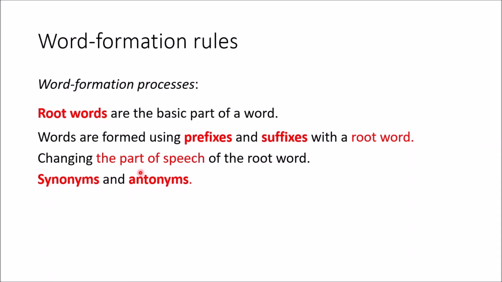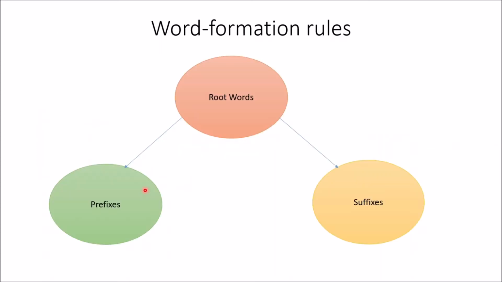The second process is changing the part of speech in order to get a new form of a word, and synonyms and antonyms. To begin with, we have formation of new words using the root word, which expresses the meaning, and prefixes that come before the root, and suffixes which come after the root word.